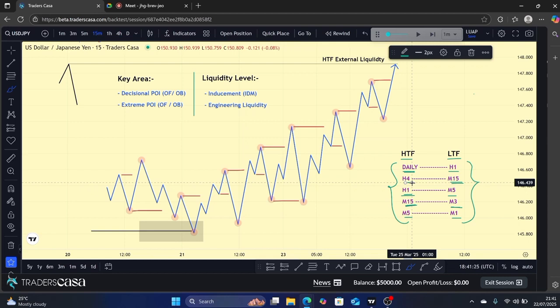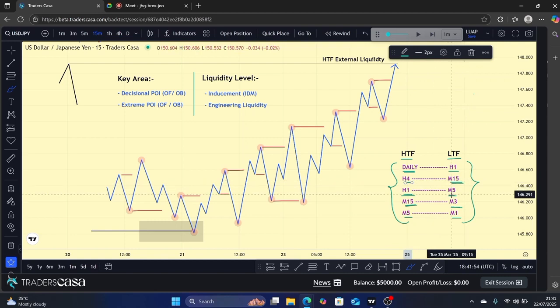The reason I'm saying this is because you only need to choose one. By that I mean, not that today you're using the M5 and the M1, then tomorrow you shift to the M15 and the M3, and after a week or a month you're already in something else, let's say the H4 and the M15. I wouldn't recommend this. I would recommend you pick only one, H4 and the M15, or H1 and the M5, depending on your personal view.